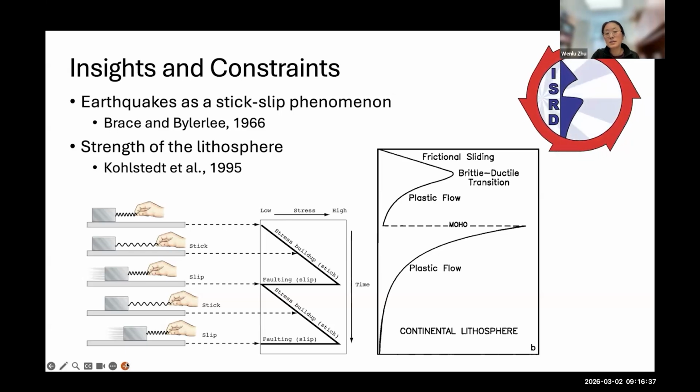So you cannot see during the deformation how the rock changes. That changes when you include X-ray and other new beamline technology.